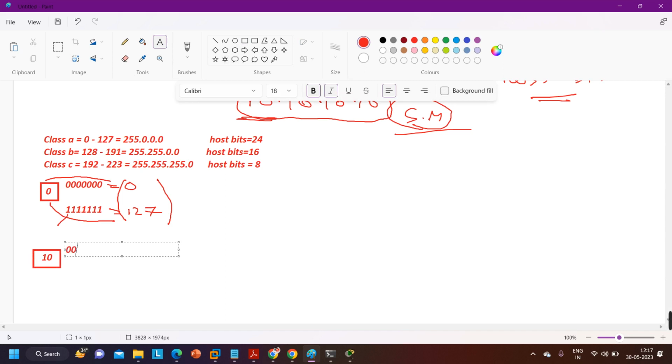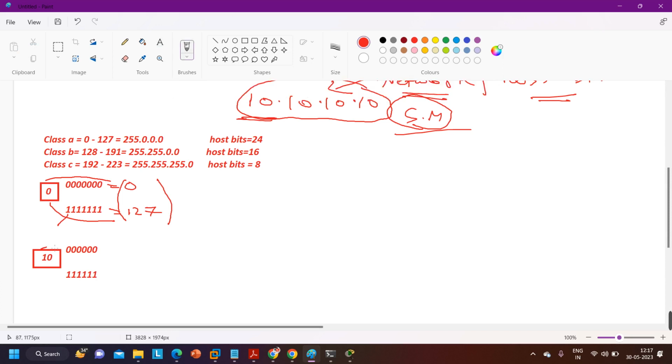So if all bits are 0 and if all bits are 1, what value do you get? The first bit is 1, so here you get the value 128. So your range will start from 128. Getting my point?